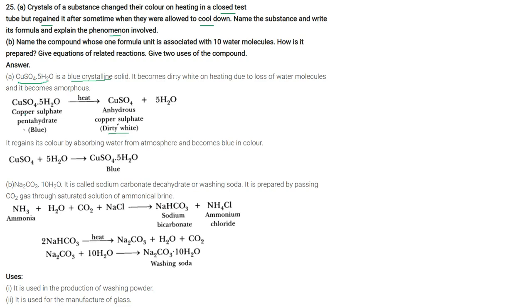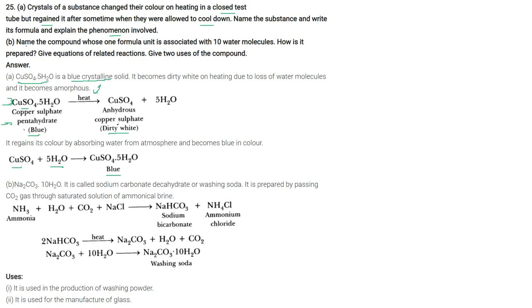So CuSO4.5H2O, copper sulfate pentahydrate, which is blue in color, when heated becomes CuSO4, anhydrous copper sulfate. When it absorbs water from the atmosphere, it becomes blue again, CuSO4.5H2O, from where we started.